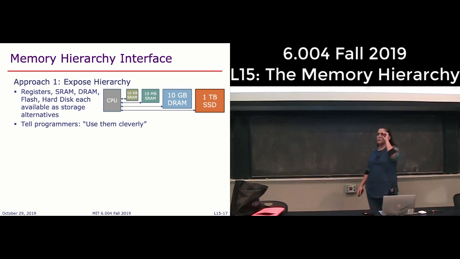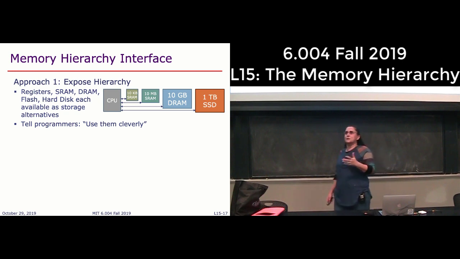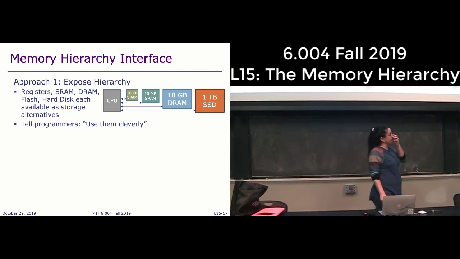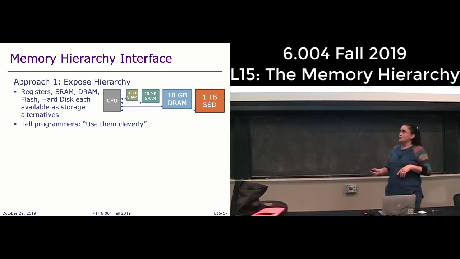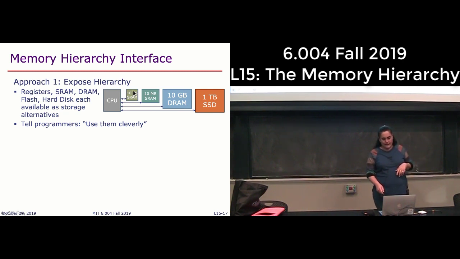Are we going to expose that hierarchy to our processor or not? We have two alternatives. The first is to expose the hierarchy. What I mean by that is your CPU here is going to know that it's got this 10 kilobyte SRAM, and it knows that it has a 10 megabyte SRAM, and then it's got this 10 gigabyte DRAM and this terabyte secondary storage drive.